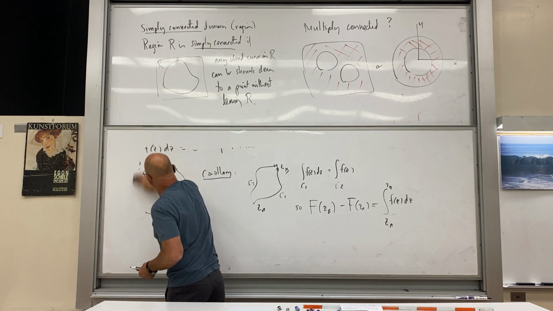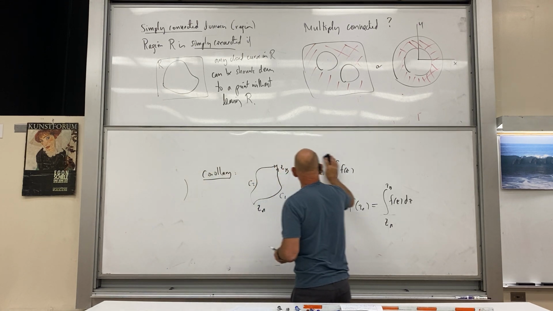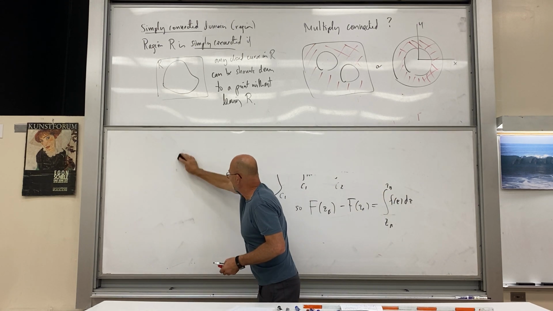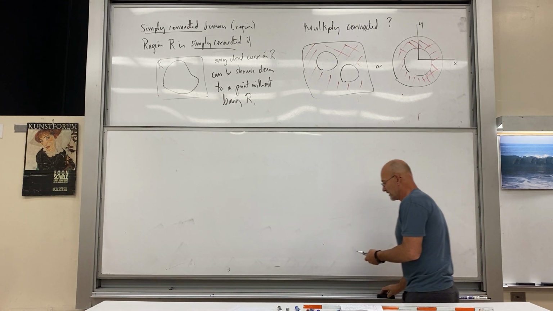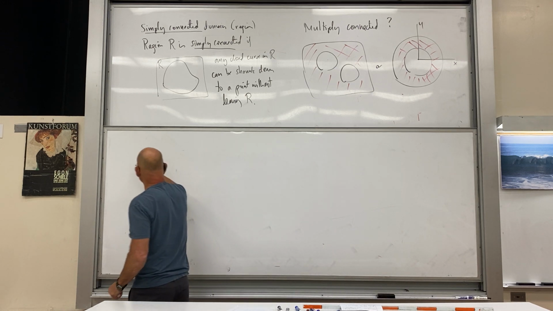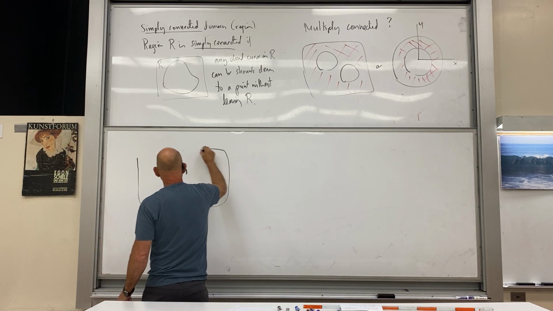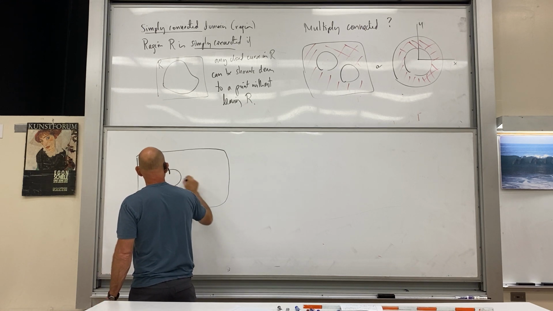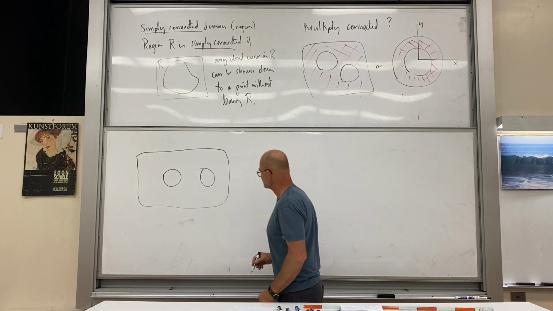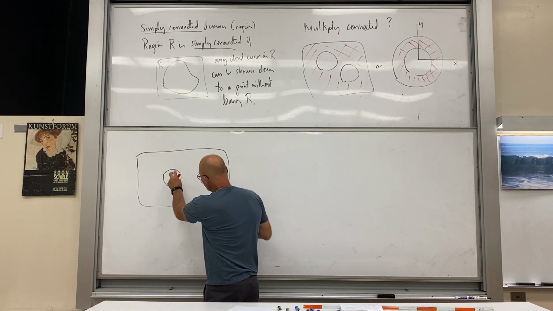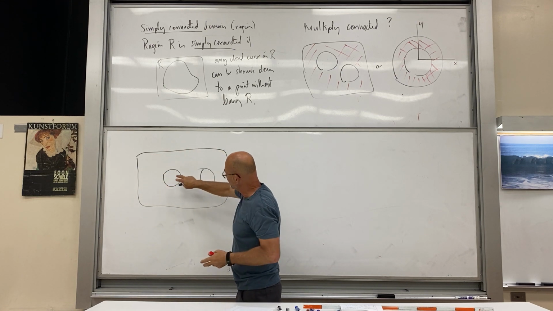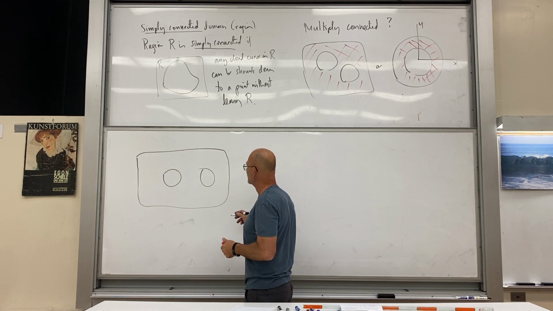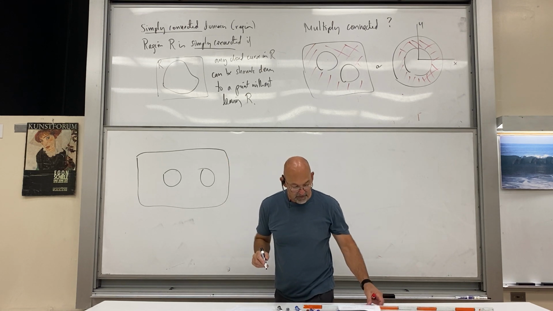Let's take a multiply connected domain with an oriented boundary. It'll be enough to do two. So here's this region, and it's got these two holes in it. There may be some singularities in here, but in and on this contour, excluding these, we have a differentiable function.